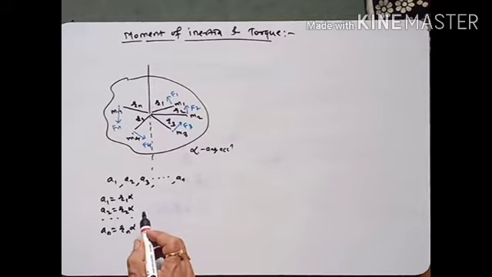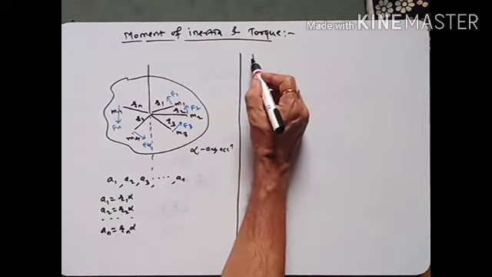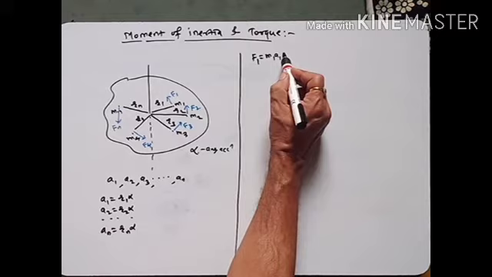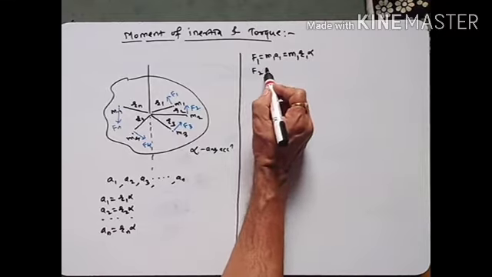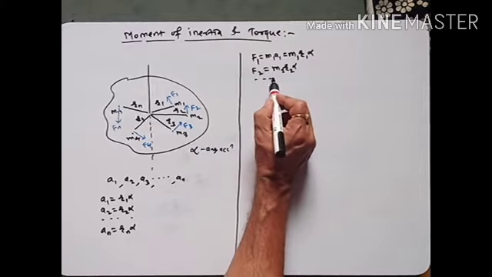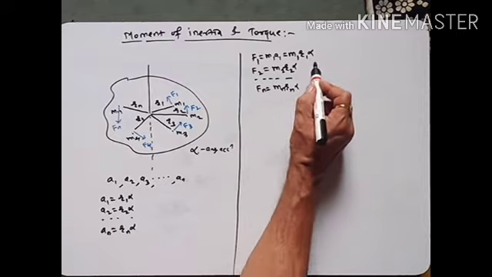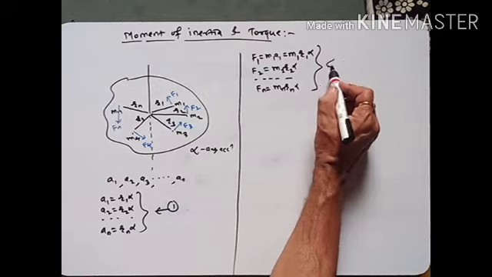rn alpha, and therefore I will write here F1 force. F1 is equal to m1 a1, therefore m1 r1 alpha. Similarly, F2 is equal to m2 r2 alpha, like that. Fn is equal to mn rn alpha. Suppose these are equation number 1, these are equation number 2.